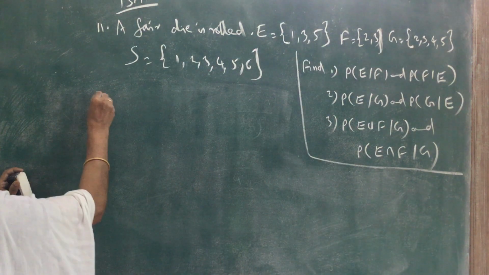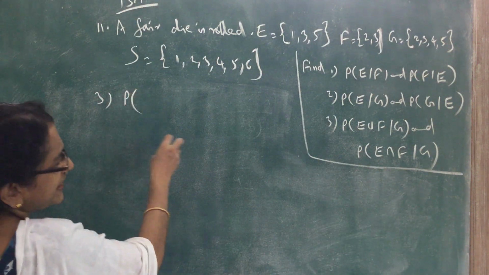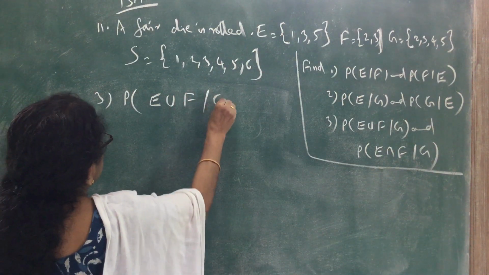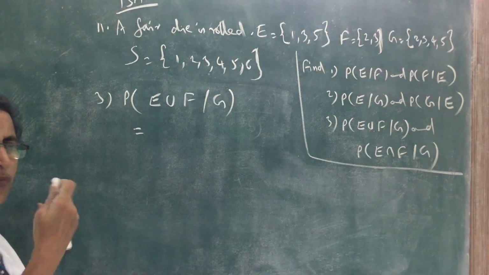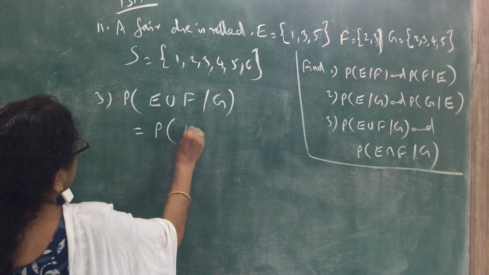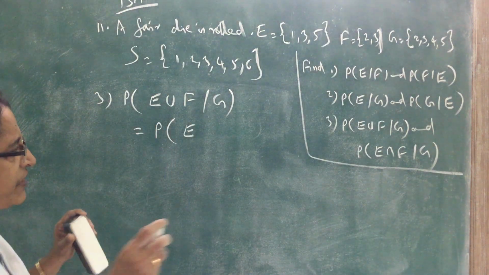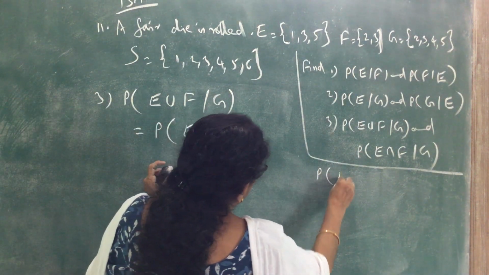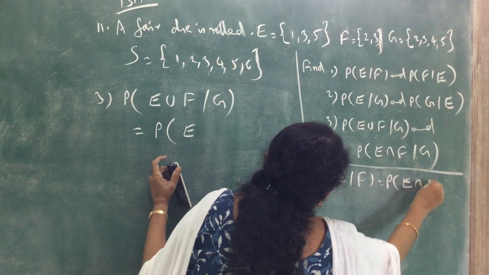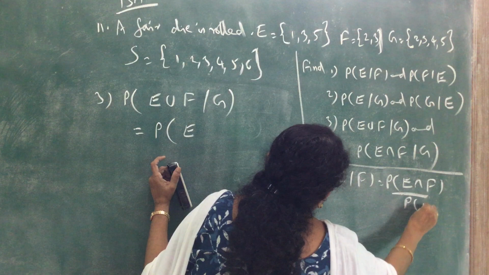So first we want to find the probability of E union F given G. By the formula, P(E given F) is equal to P(E ∩ F) divided by P(F).